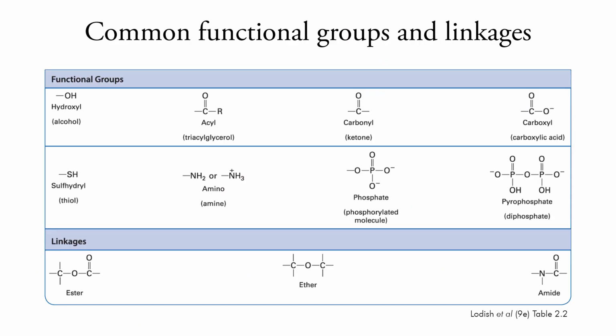Here are some functional groups and linkages. I won't be testing you on the actual structure here, but you should be familiar enough with them to recognize them on sight, and I'll probably refer to them by name whenever we go throughout this course. I'll say like, oh, there's a hydroxyl group here, or an amino group there, or a phosphate. Phosphates are really important.